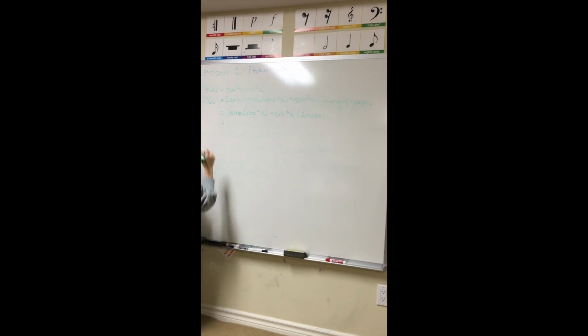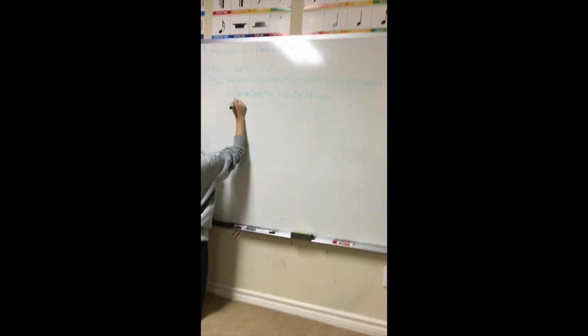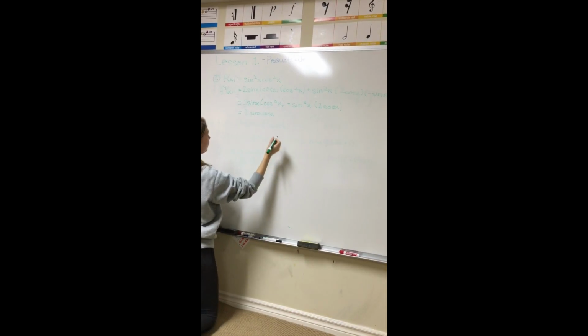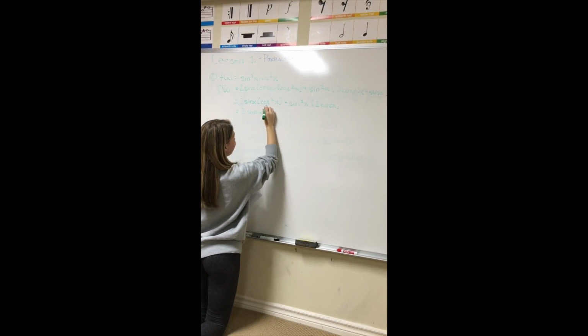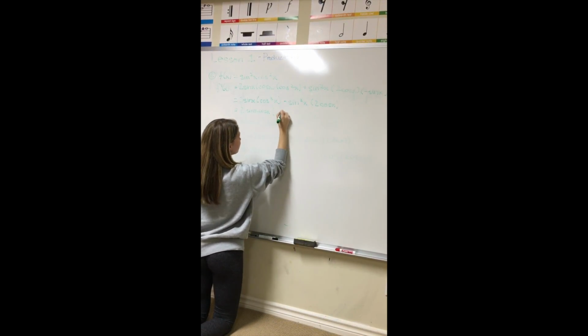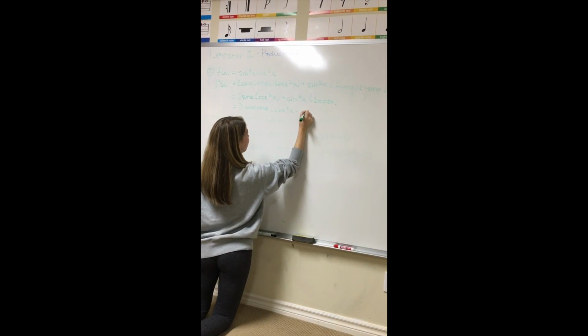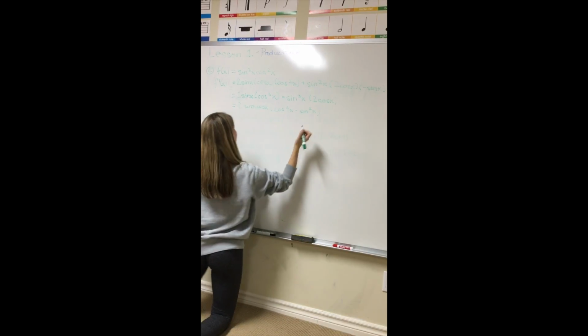We can then find a common factor of 2 sine x cos x, and we are left with cos squared x minus sine squared x.